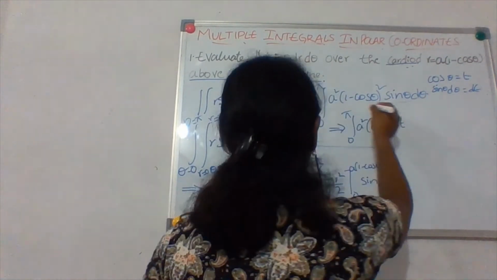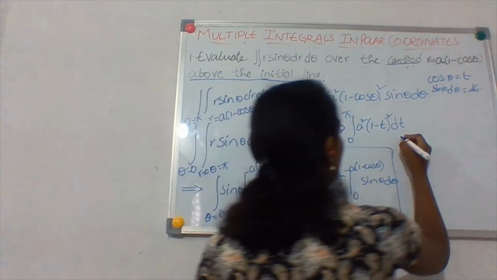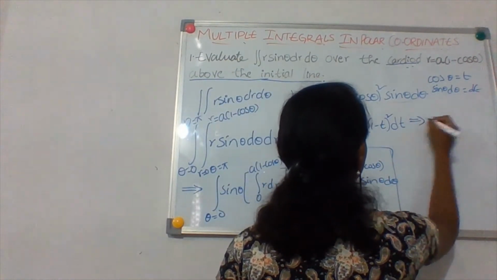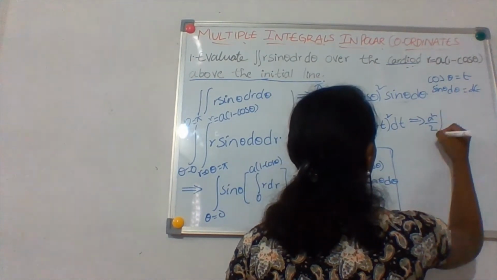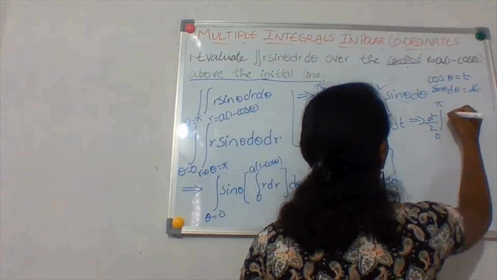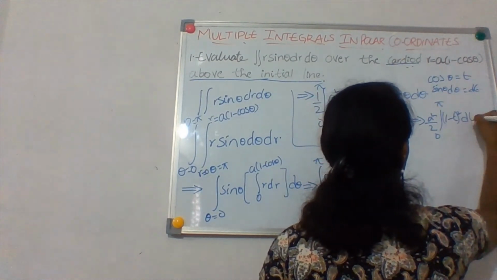I have this by 2, right? So this gives me a square by 2, the integral of 1 minus t whole square dt.